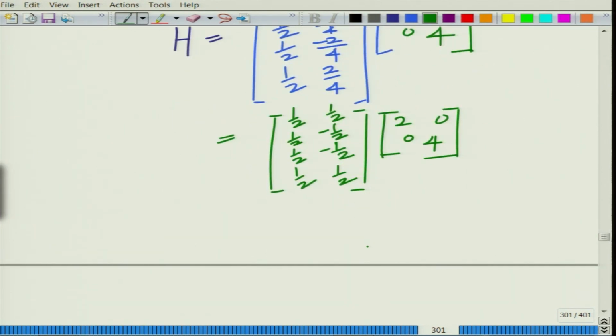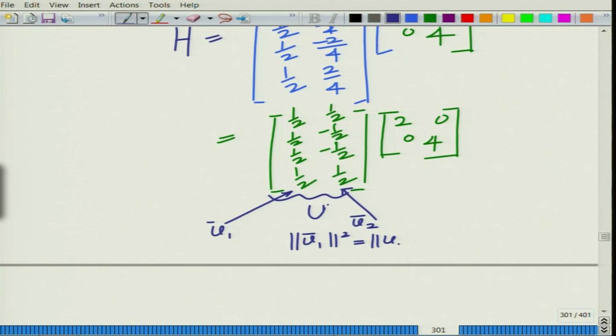Now you can see this is your matrix U, with columns U1 bar and U2 bar, and they are orthonormal: norm U1 bar square equals norm U2 bar square equals 1, and U1 bar Hermitian U2 bar equals 0.